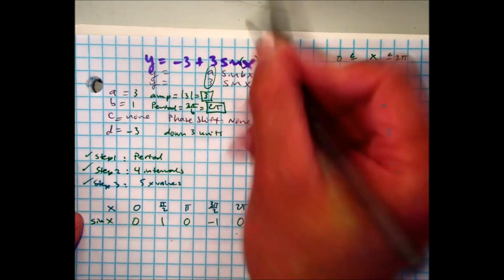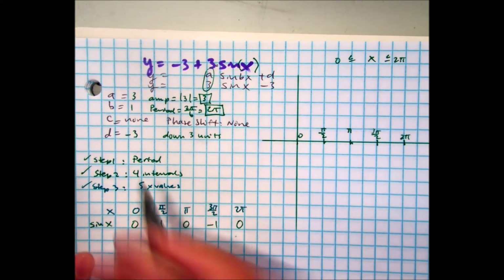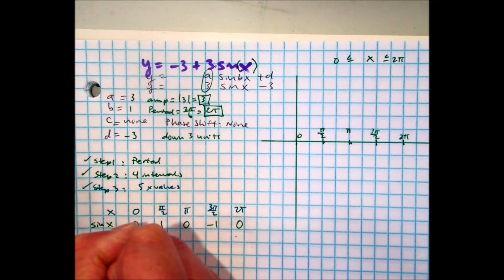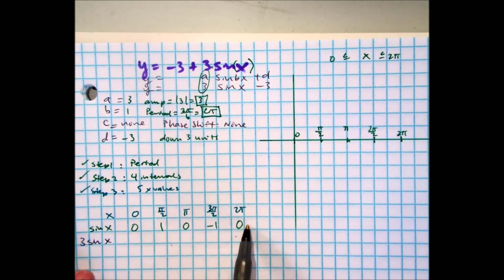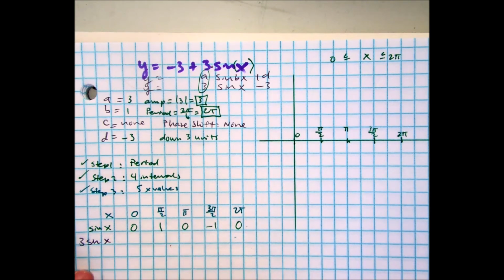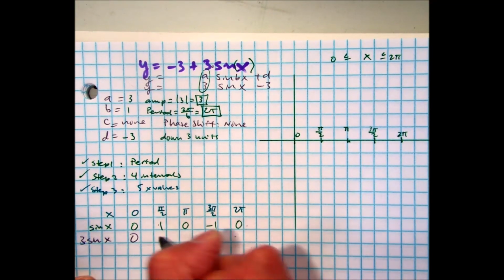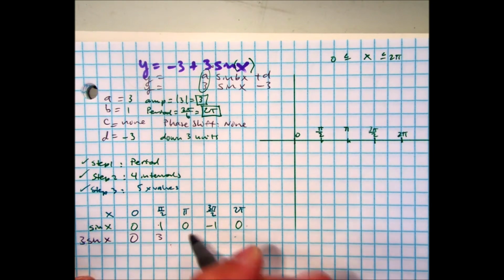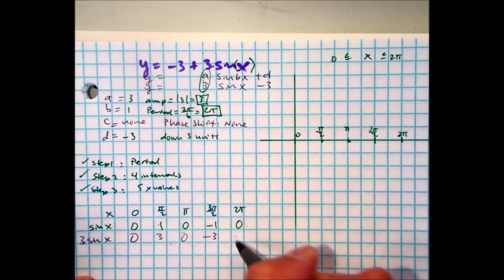Now I'm going to do times. Do you guys see how it's multiplication? 3 times sine of x? Yeah. So let's take 3 times whatever we found on the previous row. Class, 3 times 0? 0. 3. 0. -3. 0.